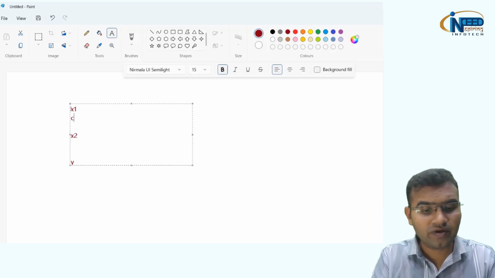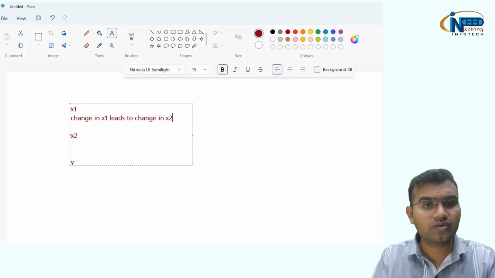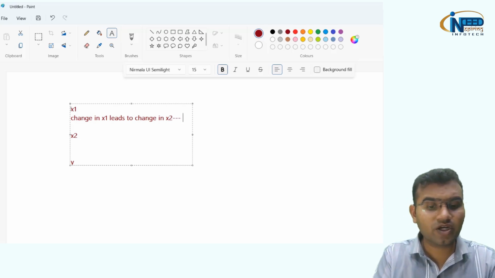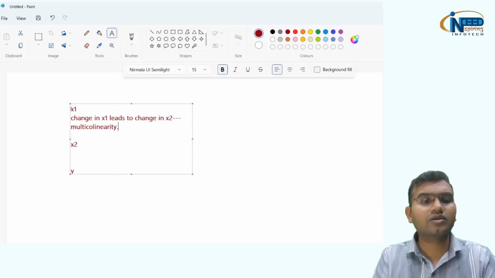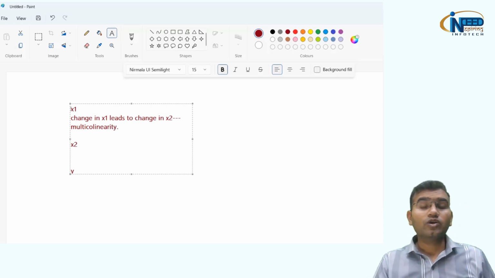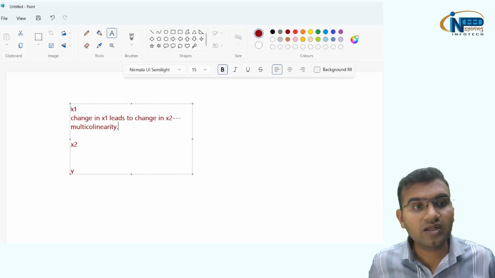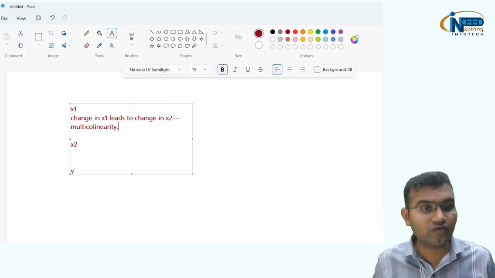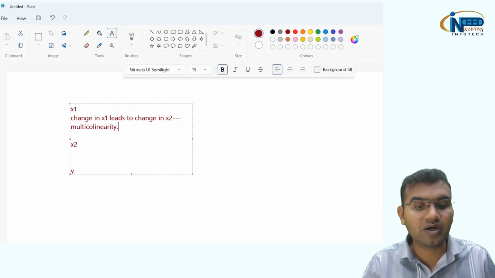If a change in x1 leads to a change in x2, this is multicollinearity, which should not happen. x1 and x2 should both contribute to y, but x1 is also contributing to x2. That is multicollinearity. So these are certain assumptions of linear regression.